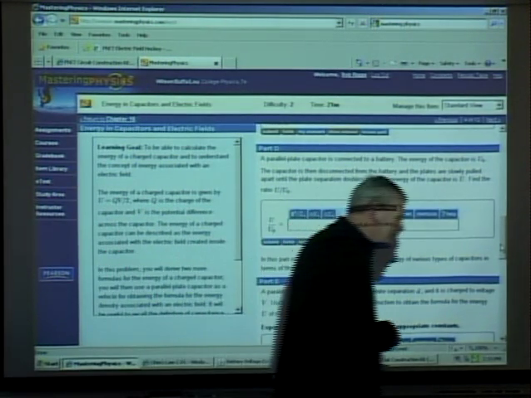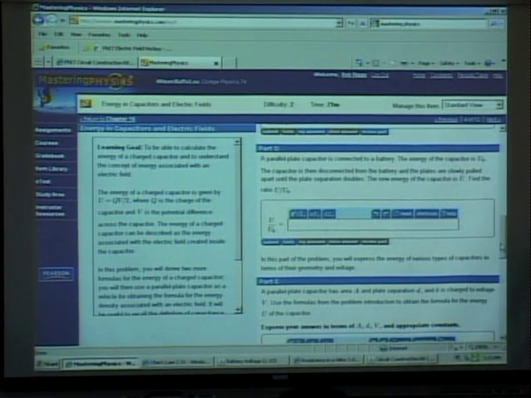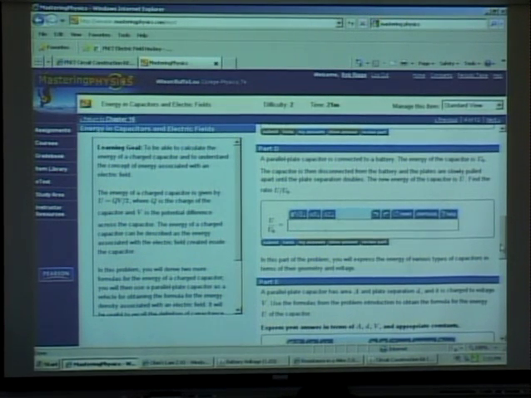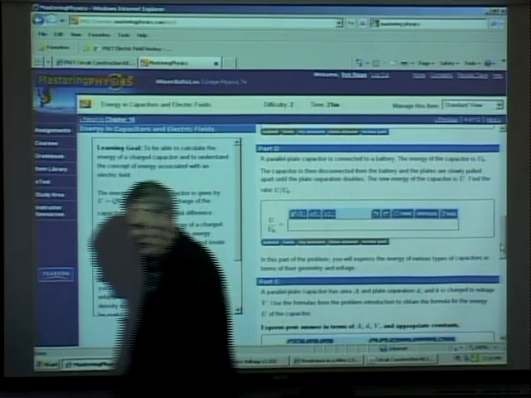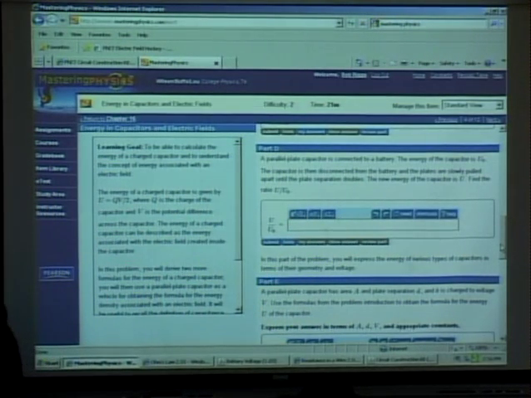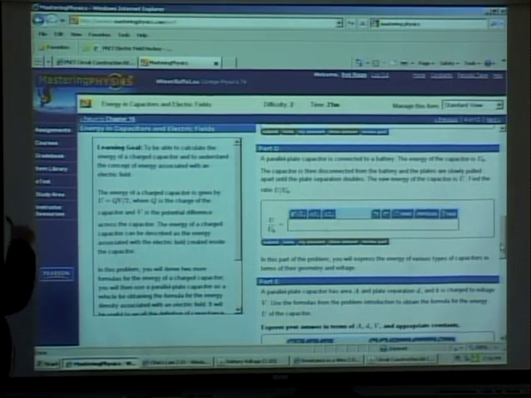Believe it or not, if the electric field stays the same and I separate the plates further, what happens to the voltage? It actually goes up. So in this case, the voltage will double. And the charge is going to stay the same.